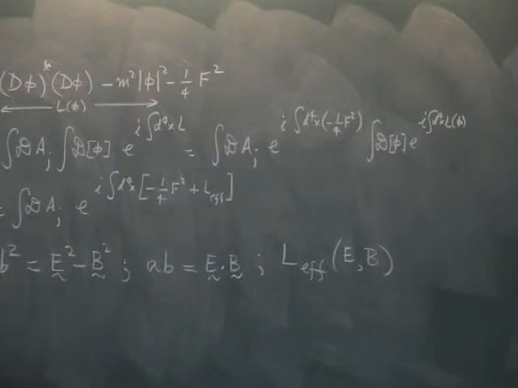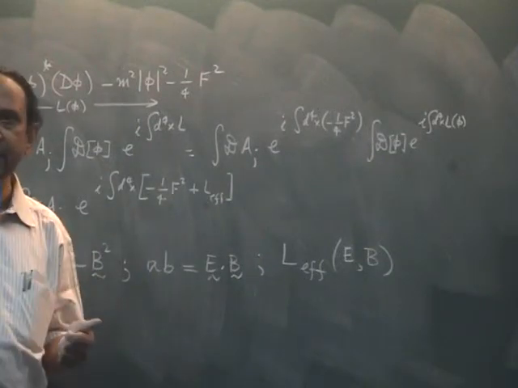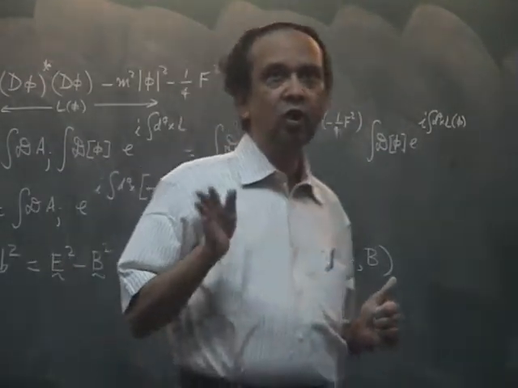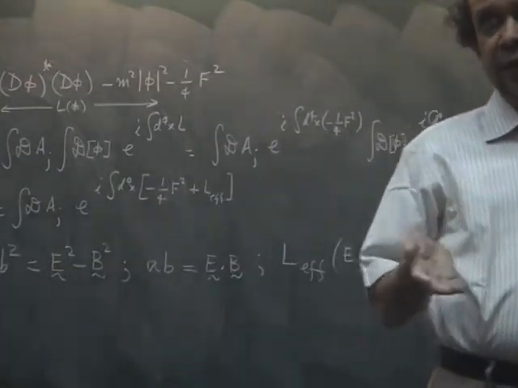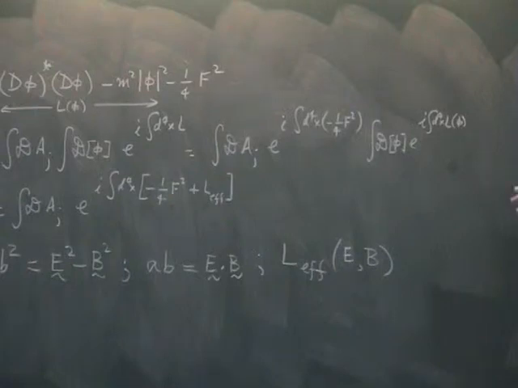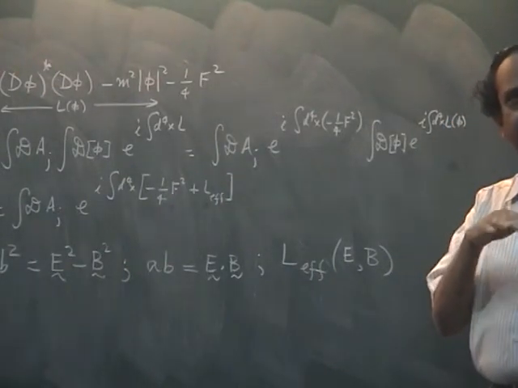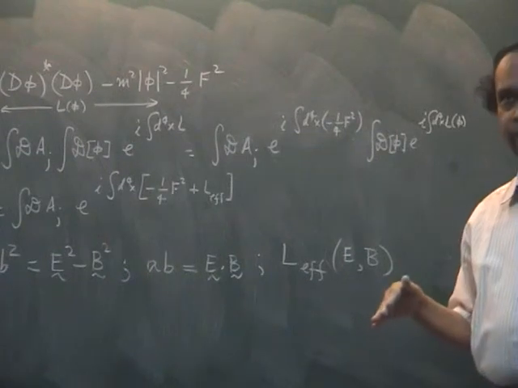Okay. Now we want to do one more thing. Just as when we were studying the lambda phi 4 theory, we divided things into slow modes and fast modes, here also we are going to study the quantum fluctuations of this phi on a background A_i which is varying slowly.